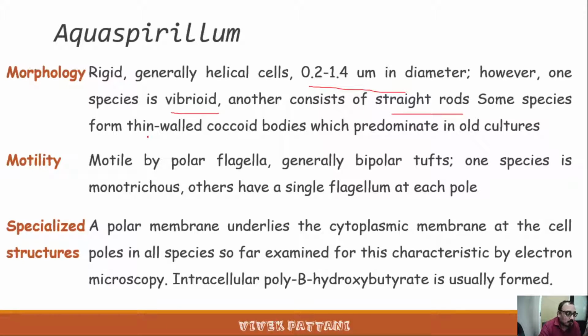Some species form thin walled coccoid bodies which predominate in older cultures. So it's a single genus, but you can see a variety of shapes, such as vibrioid, straight rods, and thin walled coccoid bodies in old cultures.